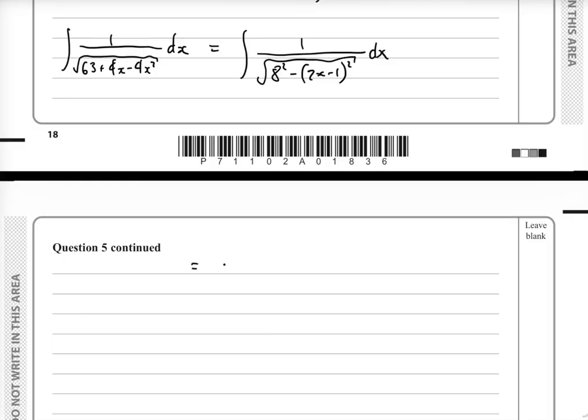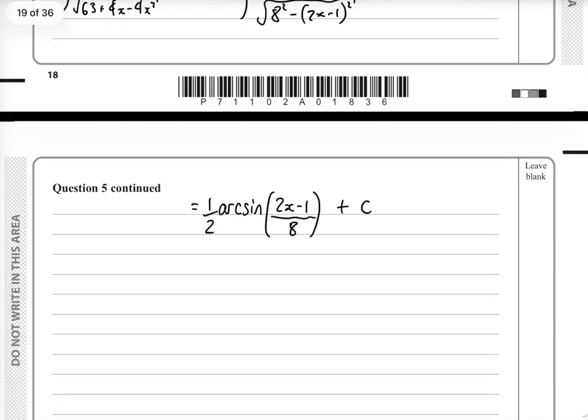So that becomes arcsine of 2x minus 1 over a, which is 8, plus c, but because it's not x, it's a 2x, when you differentiate that, remembering that the a is slightly separate, we will be multiplying by a 2, so in order to cancel that out we need to multiply by a half here. And that's the end of question 5.